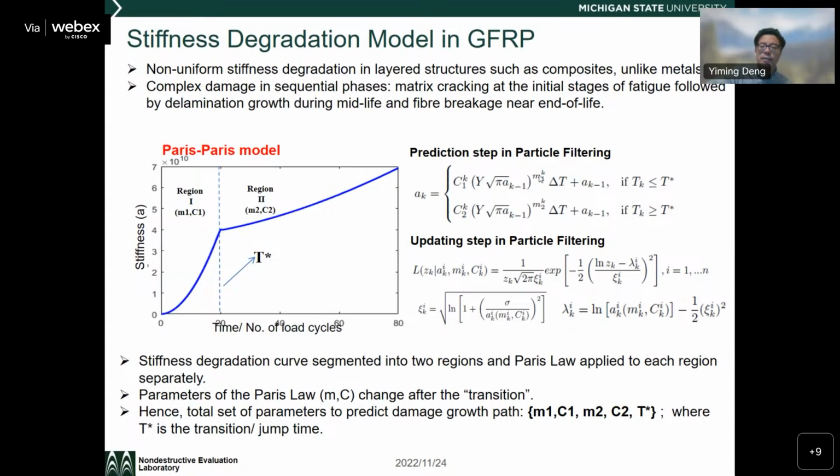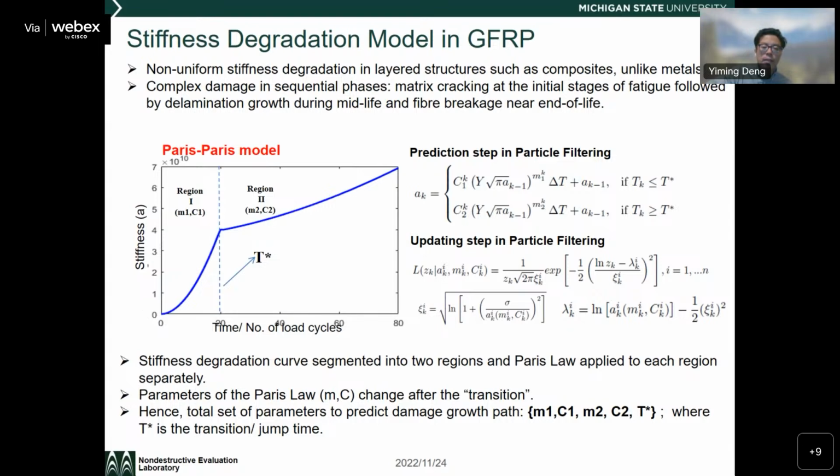Remember, we have 6 to 8 samples, and we look at the damage growth over time. For the composite damage growth, we observe that it's actually going to be two Paris curves.